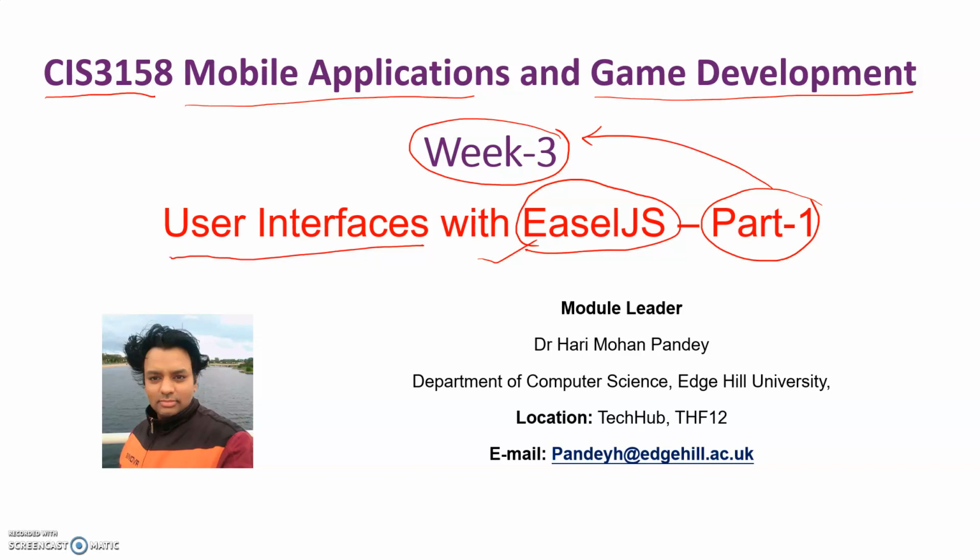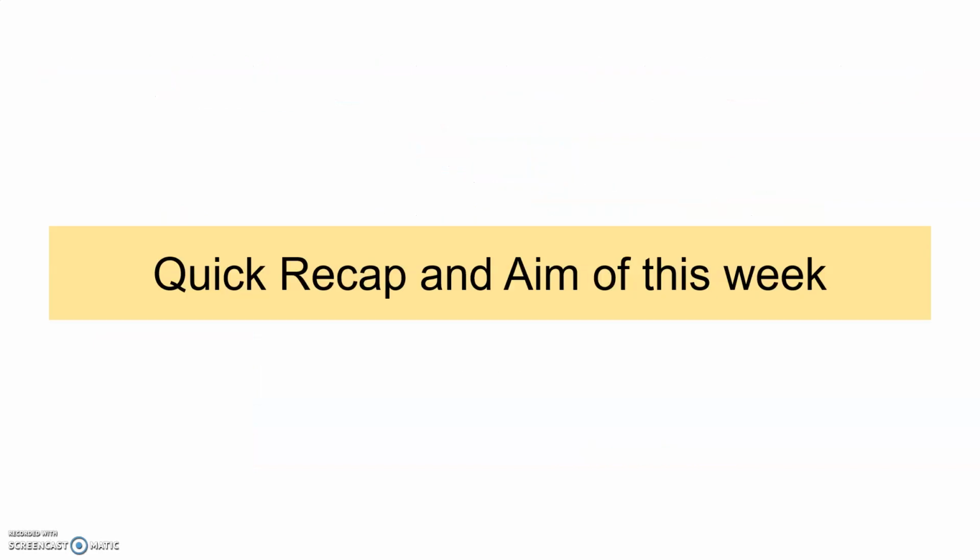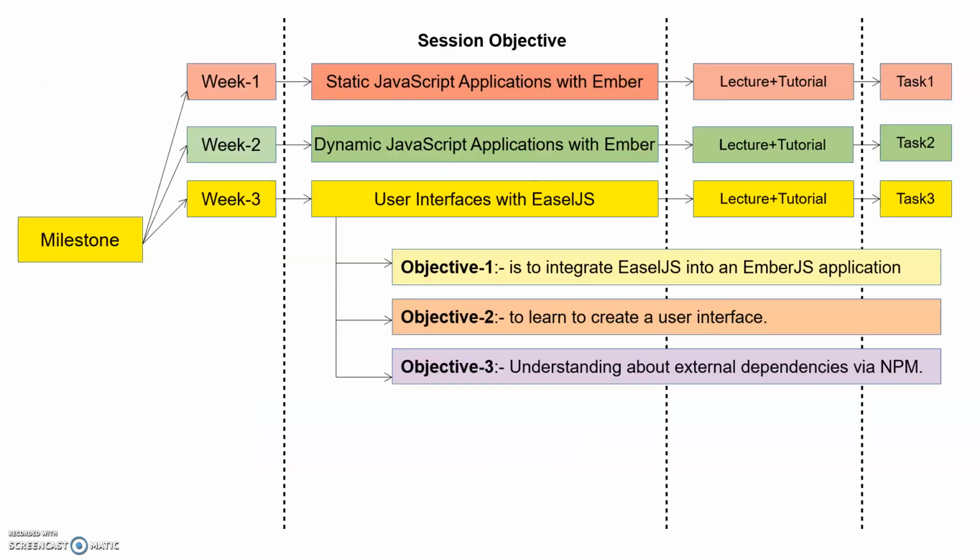We'll start this session by taking a quick recap, and then we will discuss the aim and objective for the week number 3 lecture. So far you have completed week number 1 and week number 2. In week number 1, you implemented a static JavaScript application where you used the Ember framework.